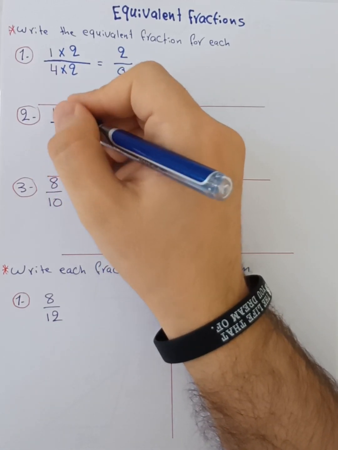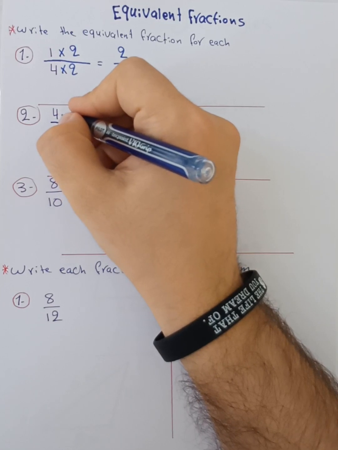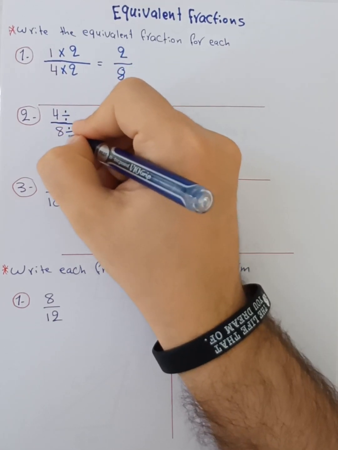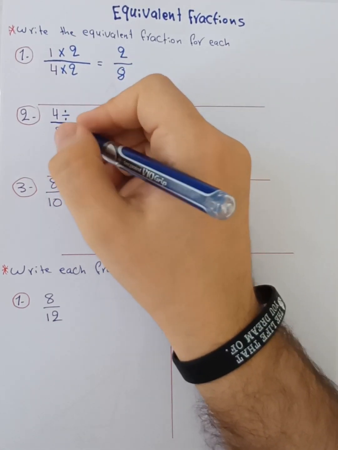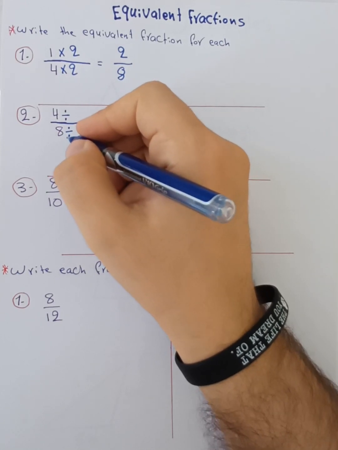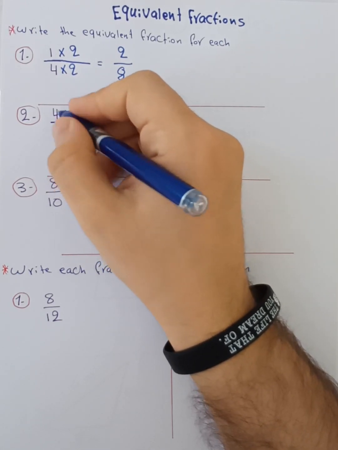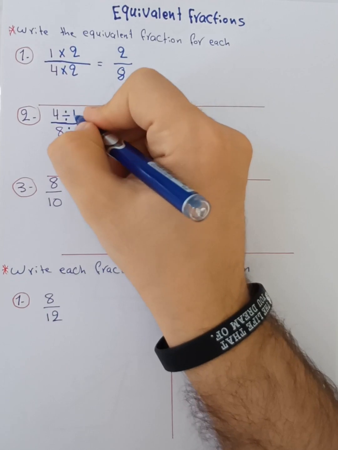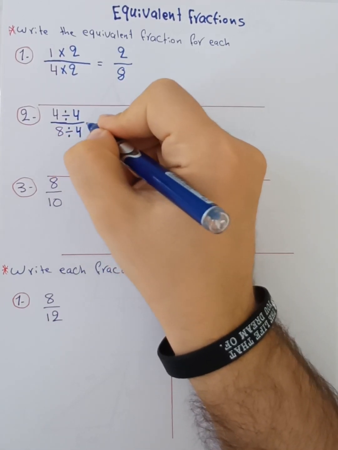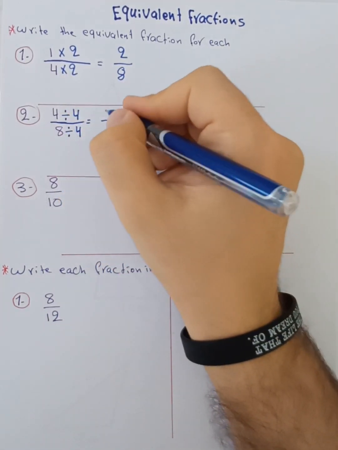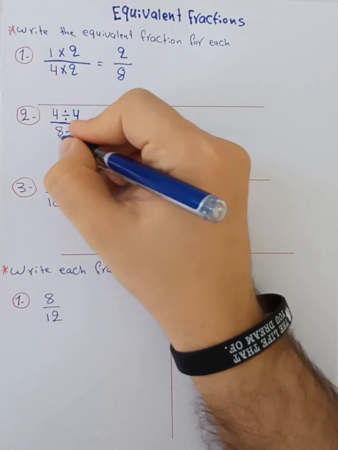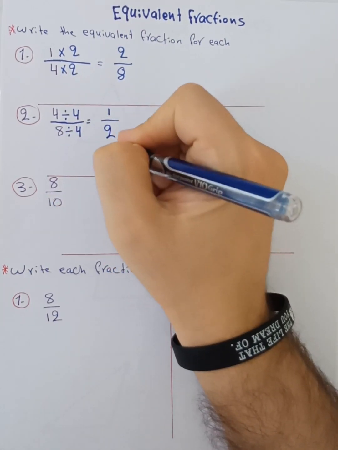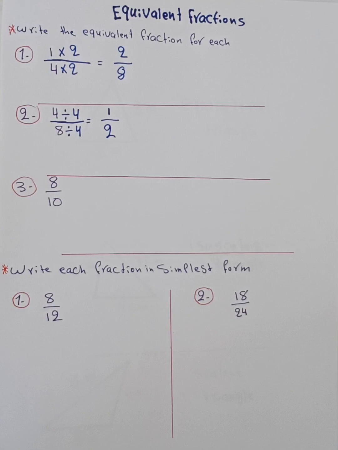If we use division, we have to divide both numbers by a suitable number. For example, we can divide both by 4. 4 divided by 4 is 1, and 8 divided by 4 is 2. So the equivalent fraction for 4 out of 8 is 1 out of 2.